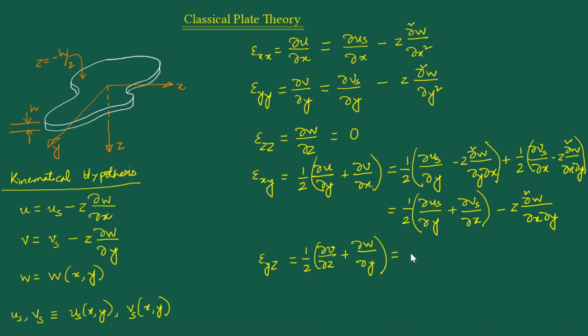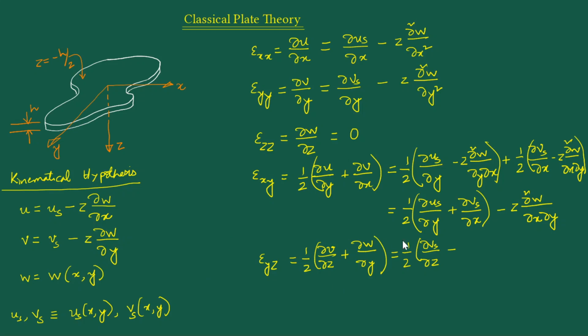So getting back to this epsilon yz, what we are going to end up with here is that since this vs is a pure function of x and y, this del vs del z is going to be 0. Minus, again from this term, only this z is going to be differentiated out.